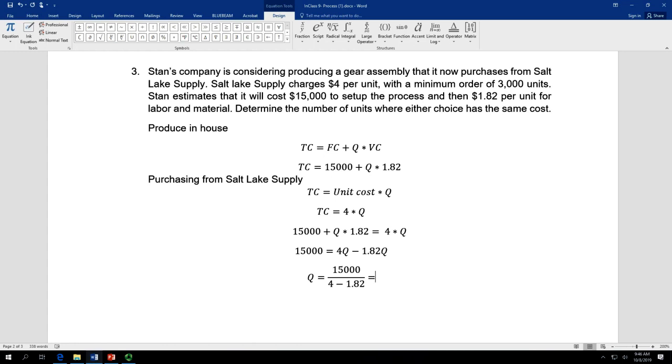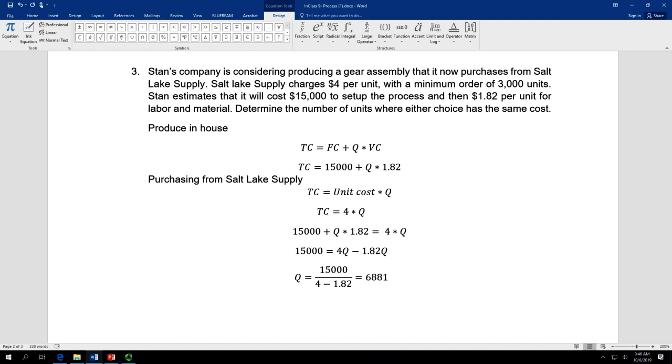So 15,000 divided by (4 minus 1.82) equals about 6881 units. This is the number of units at which the two options will give you exactly the same result.